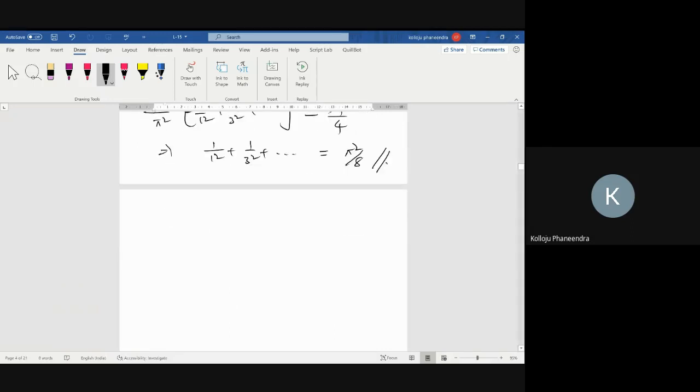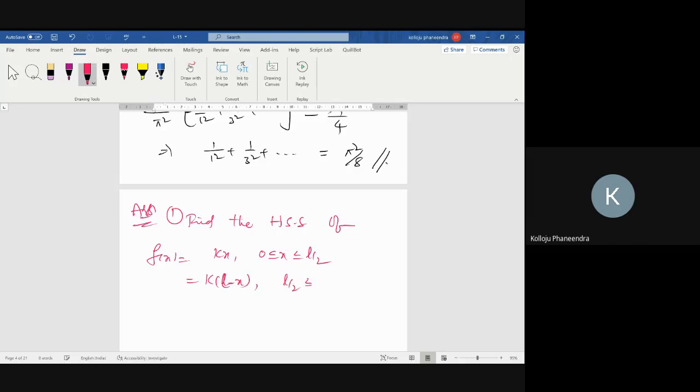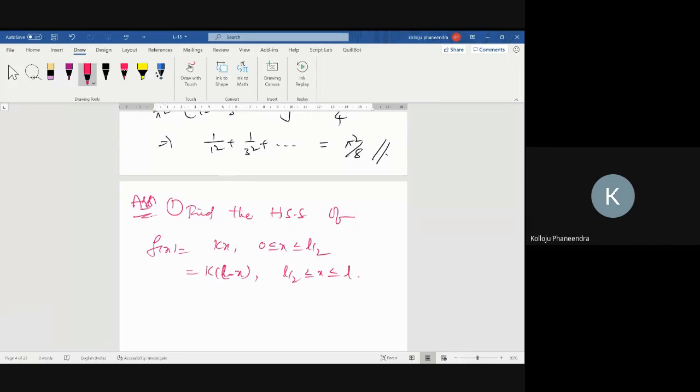Same question, assignment, same question. Find the half range sine series of, first question, f of x equal to kx, 0 less than or equal to x less than or equal to L by 2, and k into L minus x, L by 2 less than or equal to x less than or equal to L. This is one problem.